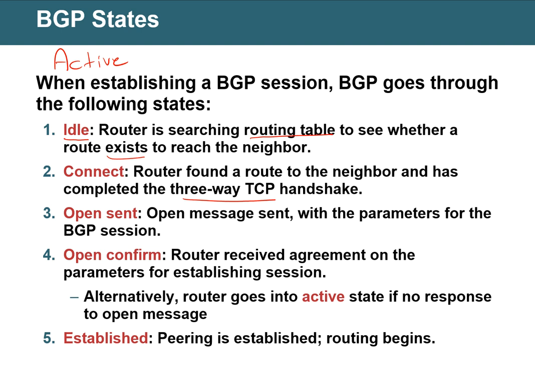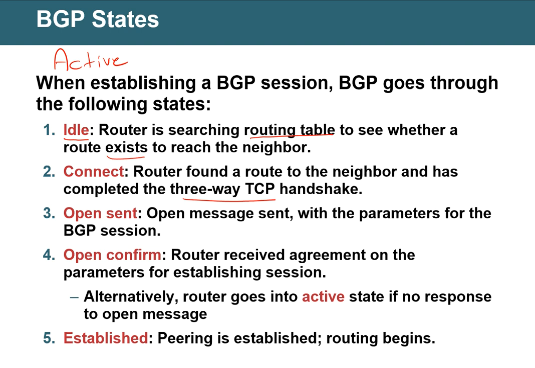Once on both sides everything is fine, it sends the very first BGP message called open message, in which router ID, hold time, autonomous system number, these parameters are sent to each other.